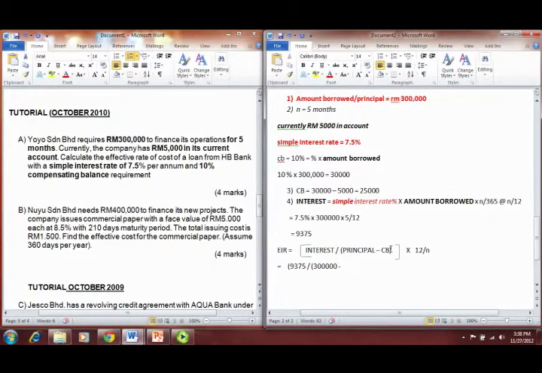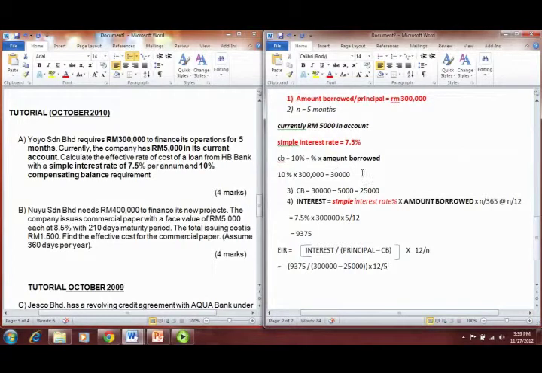The question says you need 10% times your amount borrowed, meaning your CB is 30,000. However, currently your company has 5,000. So your real CB that the bank will take is 25,000. So don't forget to times 12 over 5.